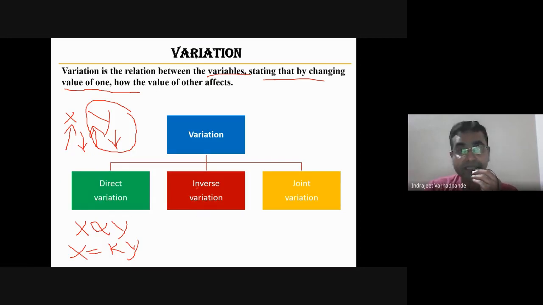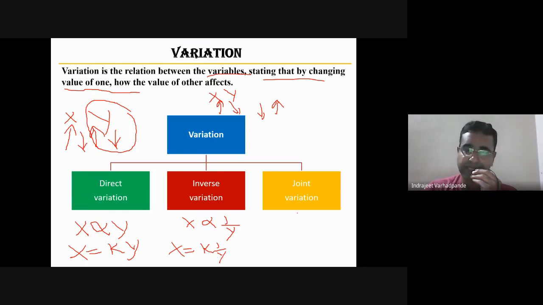Inverse variation, as the word suggests: if there are two different variables, x increases, y decreases, x decreases, y increases, they are inversely proportional to each other. So x is inversely proportional to y. The symbol for proportion is alpha, same, but for inverse proportion we write it as 1 upon y. Similarly, it can be expressed as x is equal to k into 1 by y.